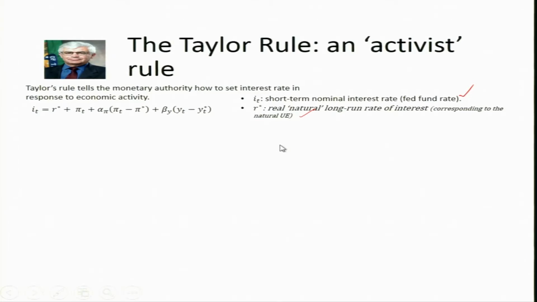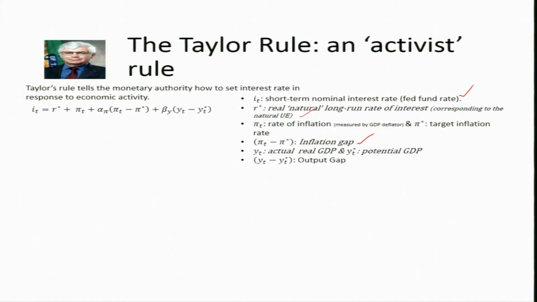The concept of natural unemployment and natural output we had discussed in the previous sessions. Then the rate of inflation and the target inflation rate, and this is called the inflation gap, that is pi t minus pi star. Then comes the output gap, which is the actual GDP and the potential GDP.